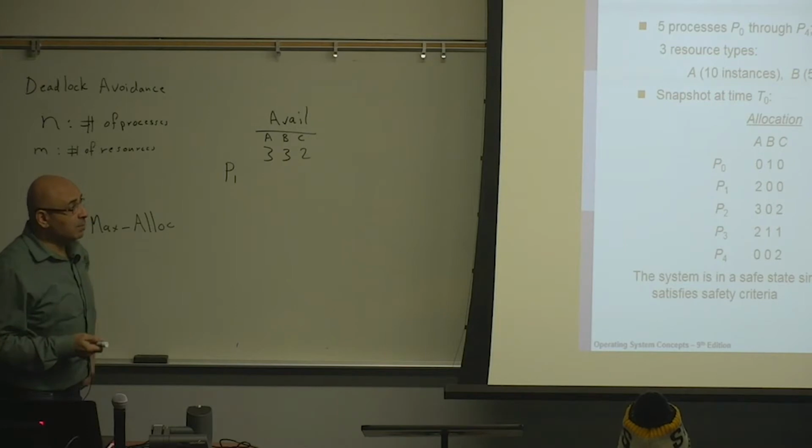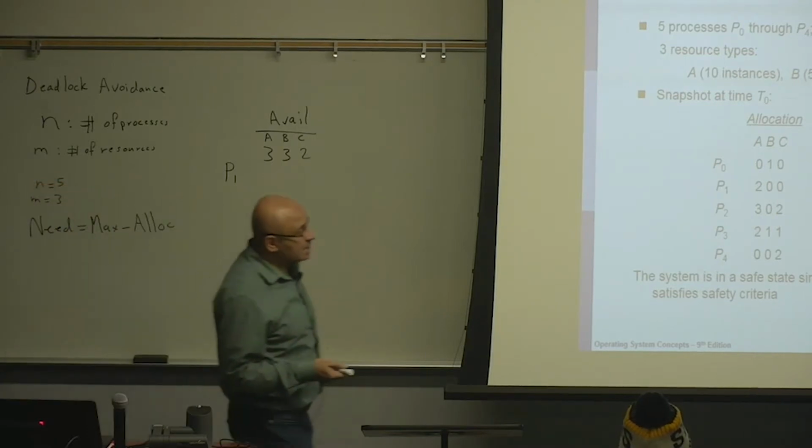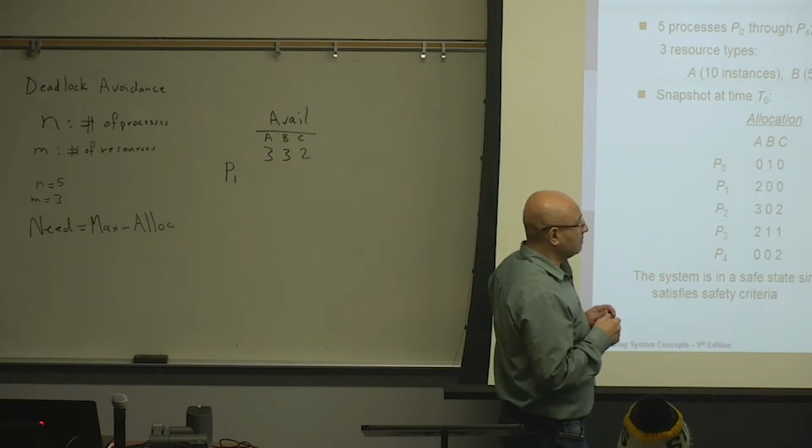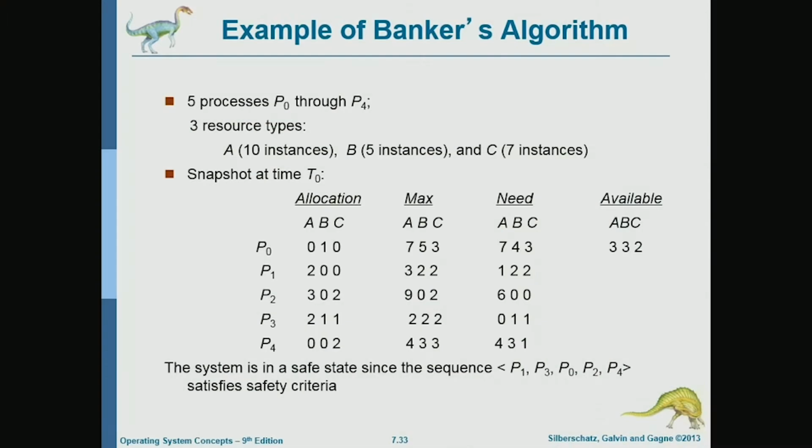Okay? So is P1 the only process that can go first? No, it's not the only one, because P3 can go first as well, right? So we may have multiple safe sequences, but whenever multiple processes are ready, we will pick the one that appears first in the original order. So we traverse this list in order.